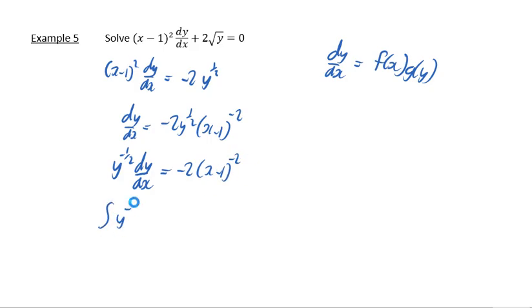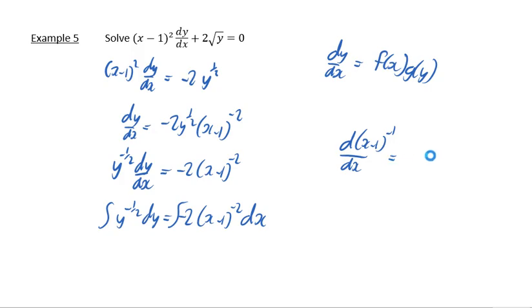So the integral of y to the minus 1/2 integrated with respect to y is equal to the integral of minus 2 times x minus 1 to the power of minus 2, times dx. Okay, to integrate this, we're going to raise the power by 1 and differentiate to see what we get. So I'm just going to try this at the side. I'm going to differentiate x minus 1 to the power of minus 1 to see what I get. So I multiply your power and reduce by 1, and then times 1 inside.